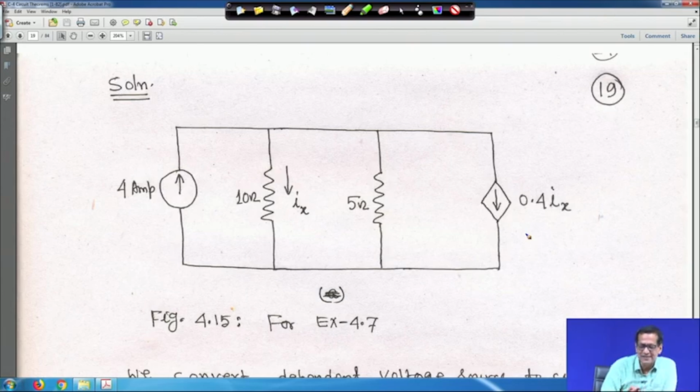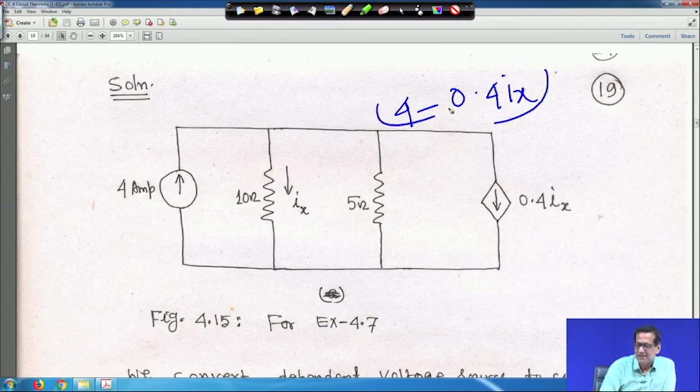If you make a resultant, it will be 4 minus 0.4 Ix, with direction upward, and this current is divided into 10 ohm and 5 ohm.